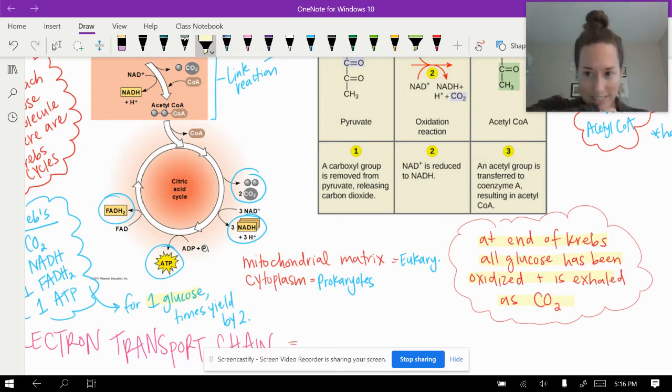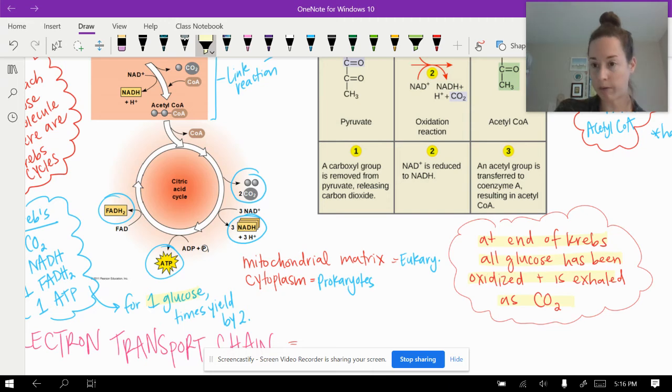That is a crazy amazing fact that a lot of your food is exhaled. All of the carbon that was your food is exhaled. And the electrons that came from your food are actually what's used to help generate the energy. So, crazy, cool fact.